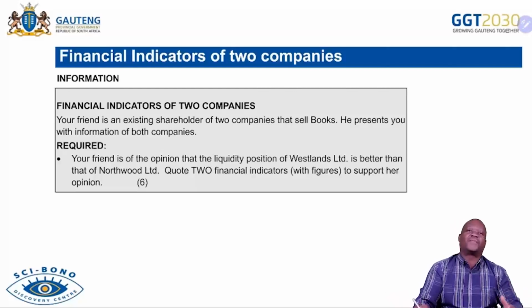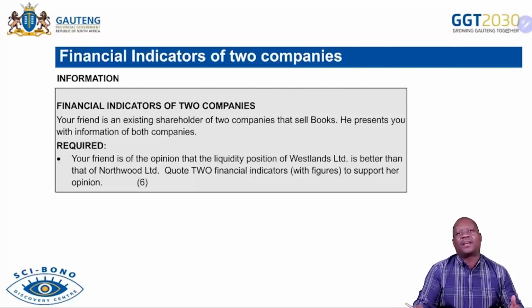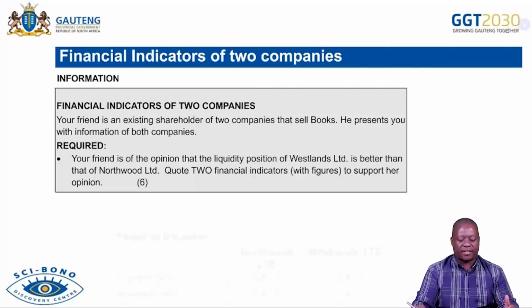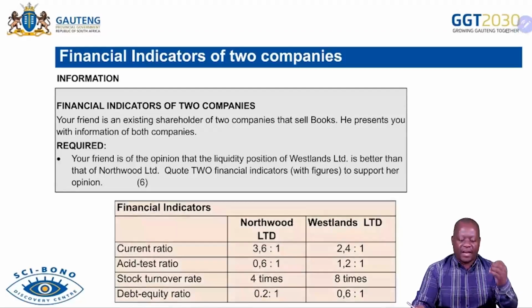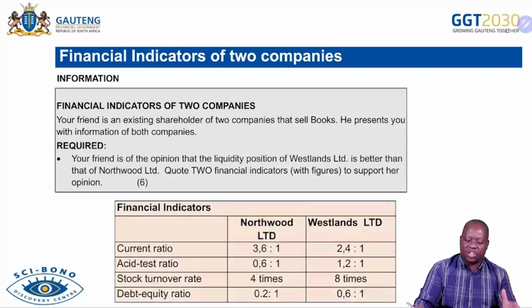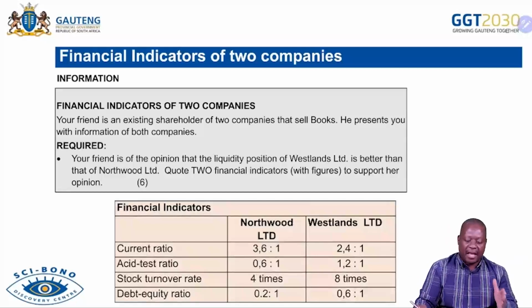Let's see if your friend has got enough financial knowledge as you have so that you can be able to advise. So the friend is saying the liquidity position of Westland is better than that of Northwood Limited. There we are, Northwood Limited, Westland Limited. These are their financial indicators.